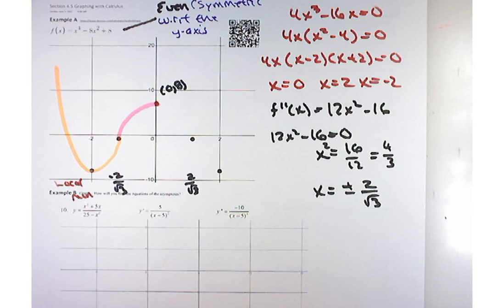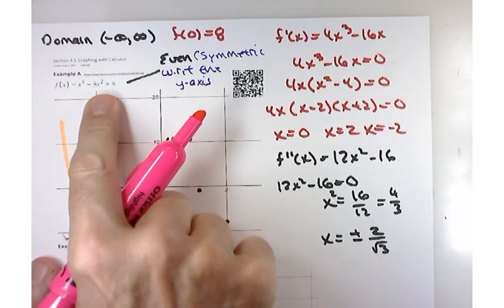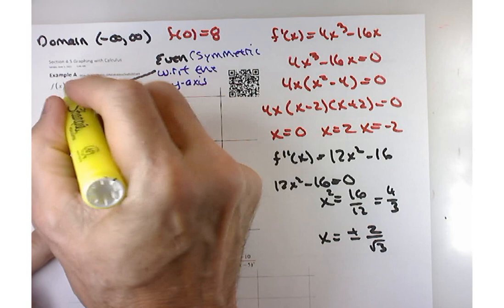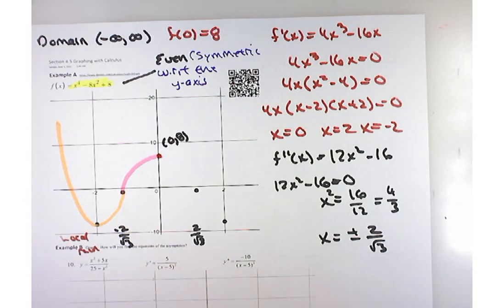Now I claim that we've done all the hard work here at this point. Why am I right in saying that? It's symmetric to the y-axis. Perfect. If you're clever enough to spot the fact that you have an even function to begin with, then the rest of your work is done.